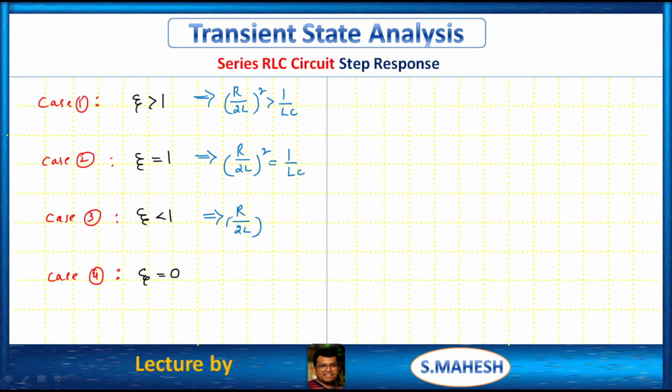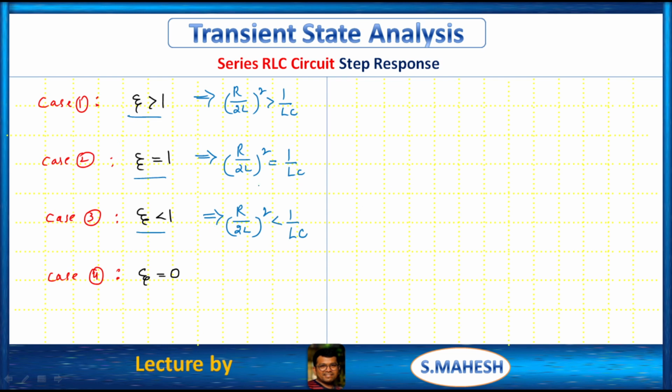Zeta less than 1 means R by 2L whole square less than 1 by LC. That's what we discussed in the time domain analysis of series RLC circuit. Now we have to discuss with respect to zeta.